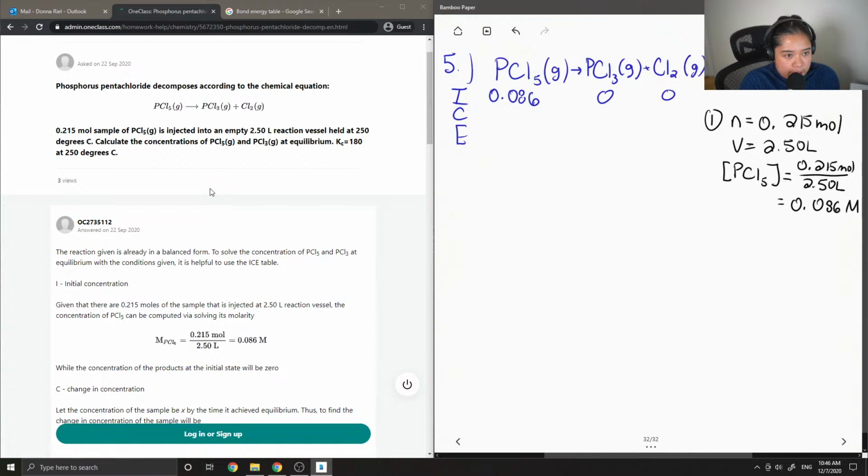The change in the concentration of our reactant is negative X, and the change in the concentration of our products is positive X. So lastly, at equilibrium, it will be 0.086 minus X, and the concentrations of our products will just be equal to X.